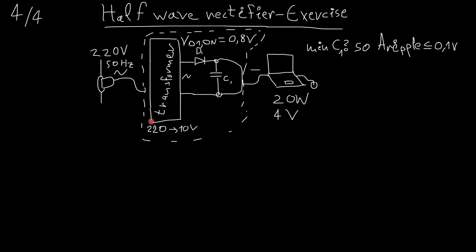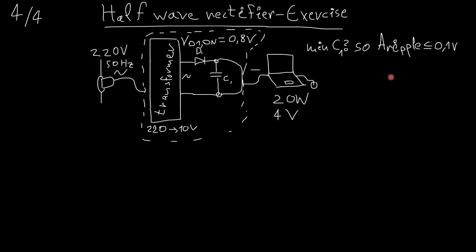The transformer transforms the voltage from 220 to 10 volts. Again, the frequency is the same here, 50 hertz. And I have a diode device here. I connect in parallel a capacitance here, not C1, and I am asked to find, as a circuit designer, the minimum capacitance so that the ripple is small, very small, 0.1 volts.